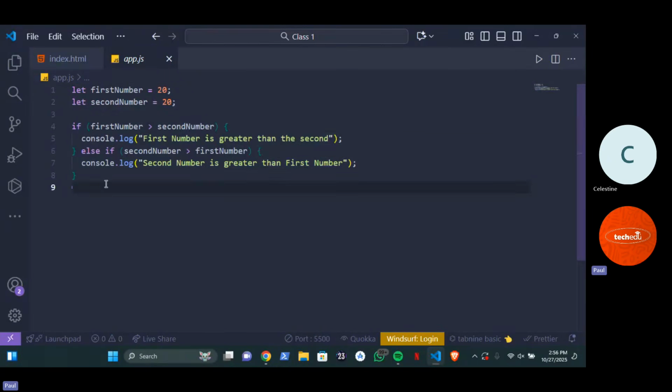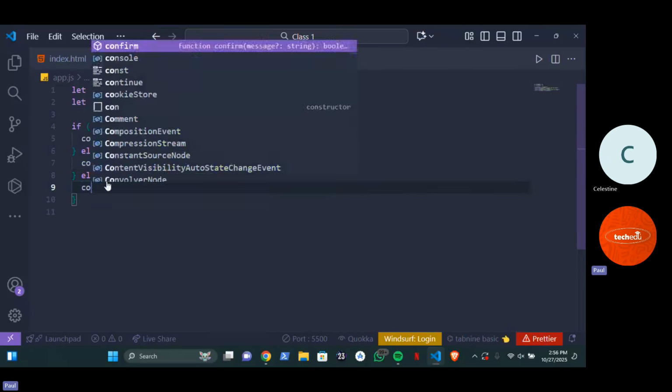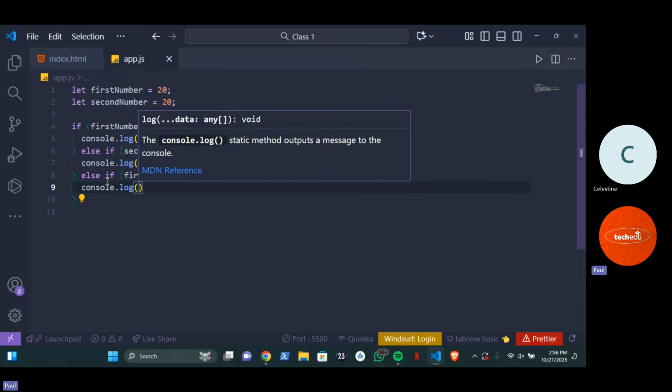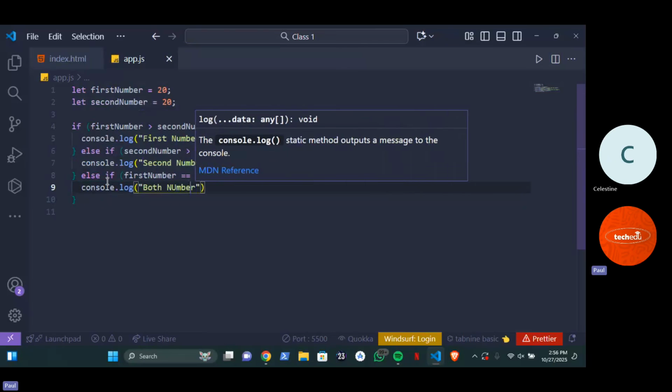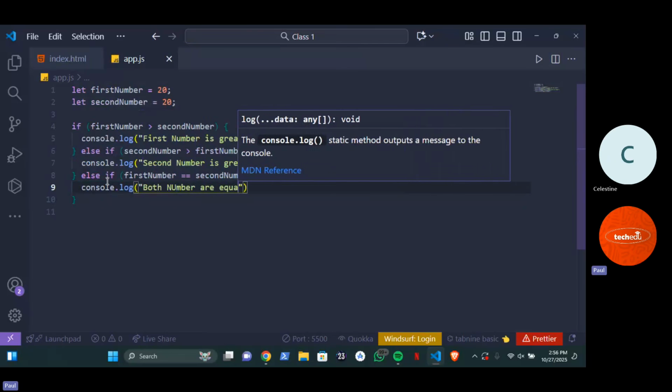Then you can go ahead and create another else if, if first number and second number are equal to each other. So you can have first number equals second number. To compare, don't forget your two equal signs. Then console.log both numbers are equal.